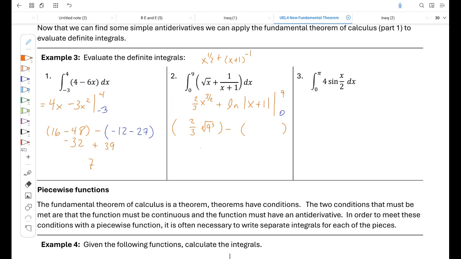We have a lot of things that work against each other in this problem. So the square root of 9 is 3. Raise that to the 3rd power, but then divide by 3. So I've got to do 3 times 3 times 3 divided by 3. I'm showing a mental thing here because this is what I do. I'm just keeping track of how many 3s I have.